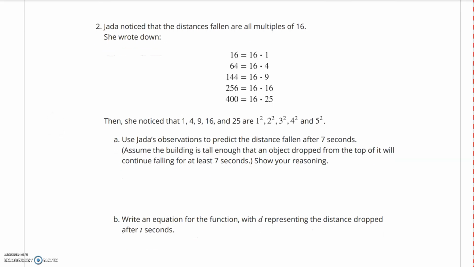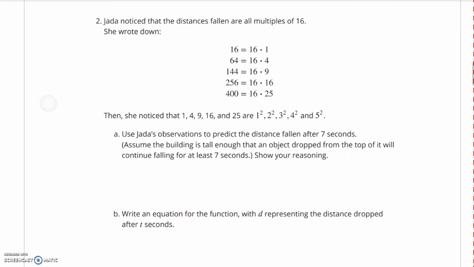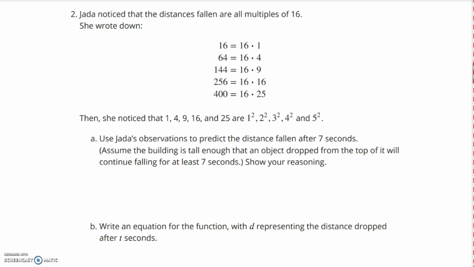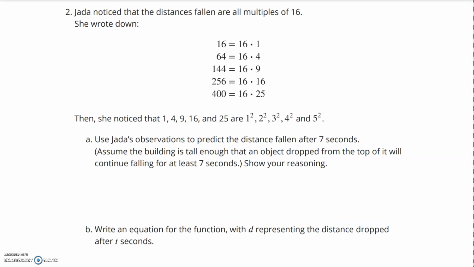Okay, now Jada was working on this problem, and Jada noticed the distances fallen are all multiples of 16. So this is kind of what Jada wrote down. She noticed the first distance was 16, the second was 64, right? So these in yellow are the distances fallen.